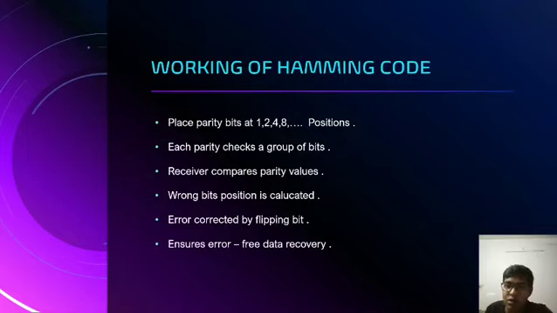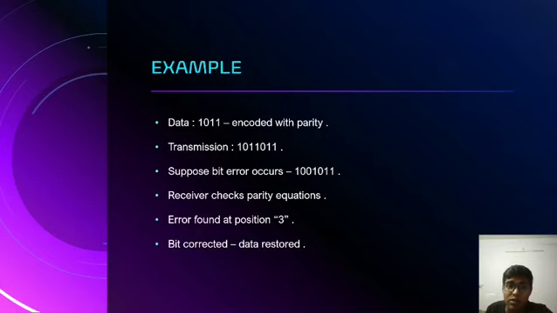Let us take an example. Let us now see a simple example of Hamming code in action. Suppose the original data is 1011 and it is encoded with parity bits. The transmitted code becomes 1011001. Now assume that during transmission an error occurs and the received code is 1001011.